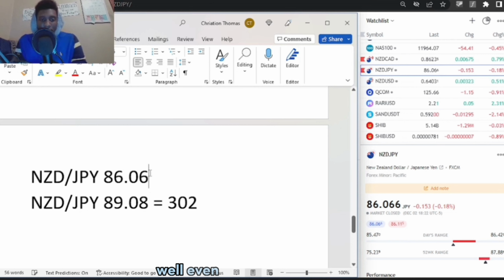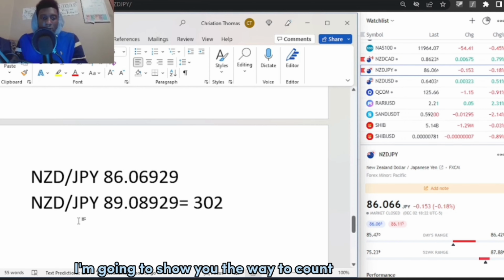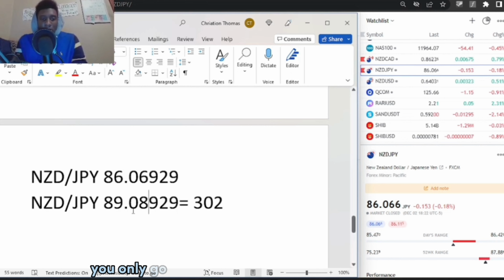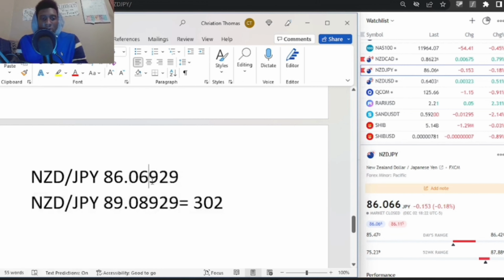Well, even if it looked like this, I'm going to show you the way to count the JPY pairs. You only go 2 decimal places over for the Japanese yen pairs. So 1, 2, that'll be 6 and 0. So let's just pretend that these 2 little numbers don't exist right here.